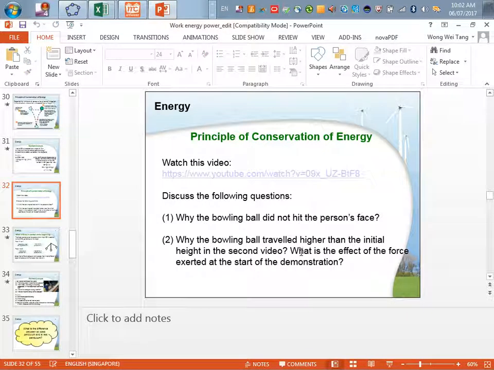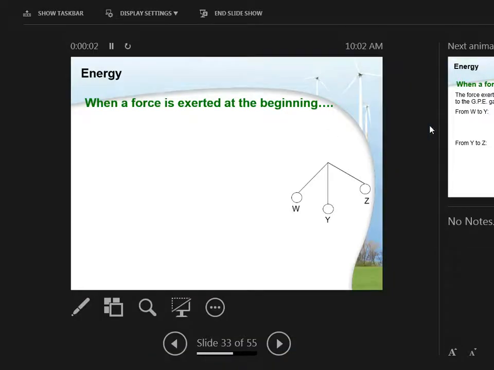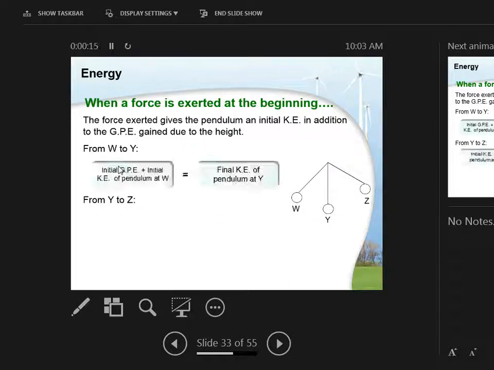Why didn't it hit? Okay, we covered all this already. So now, when the force is exerted in the beginning, initially from W, okay? Instead of just dropping it, we exert a force. That means we gave it initial kinetic energy.